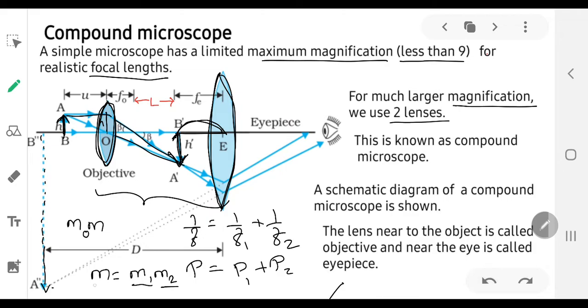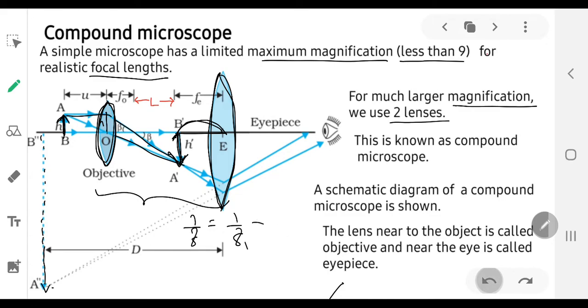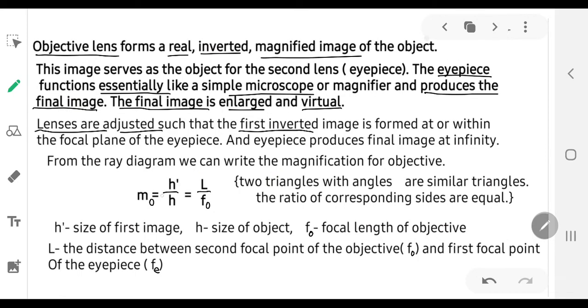To get this equation, first we need to write the equation for M naught and ME. First we'll write the magnification caused by the first lens, that is M naught by the objective lens. M naught is equal to H dash by H.